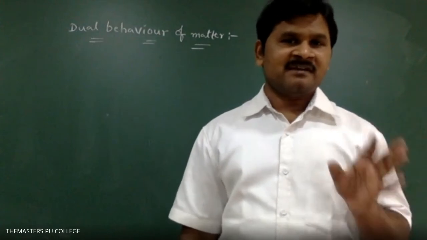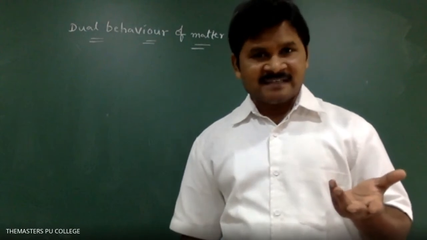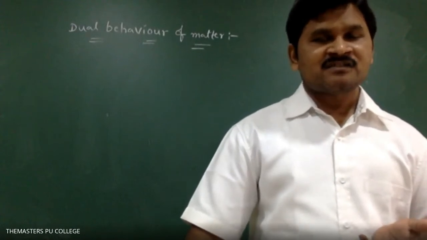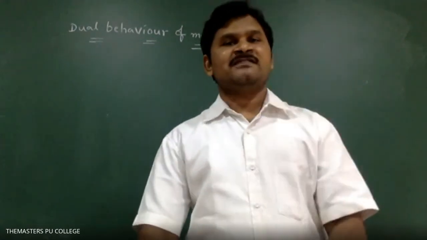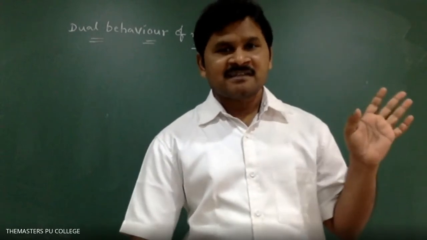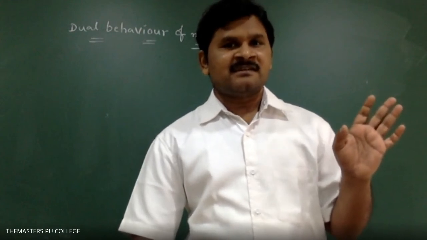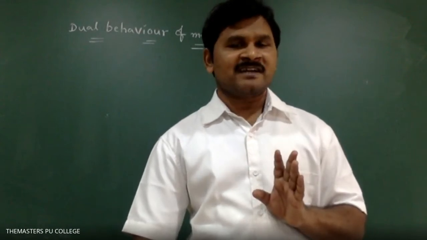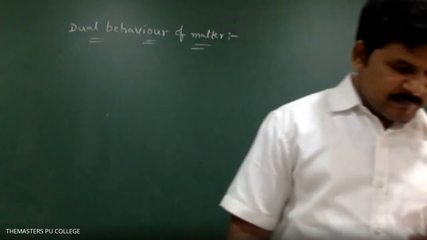Charged particle means electron in an atom. So electron is associated with wave nature as well as particle nature. This is called De Broglie's wave theory. De Broglie's theory states that a charged particle is associated with two types of nature, wave nature as well as particle nature.